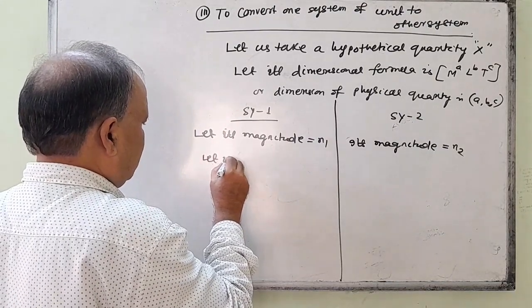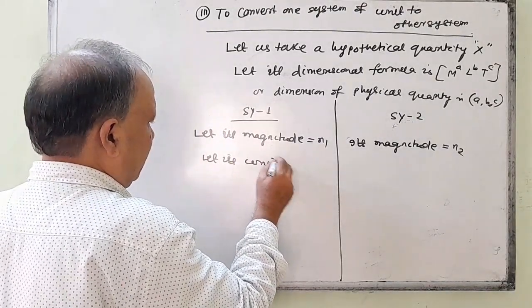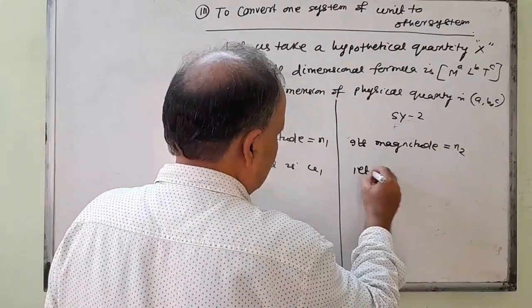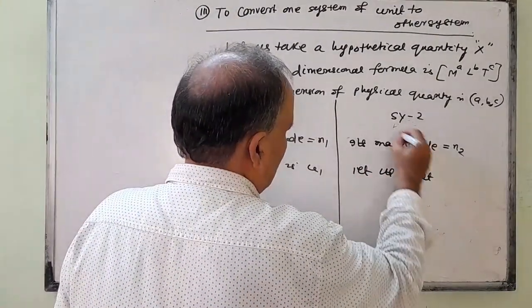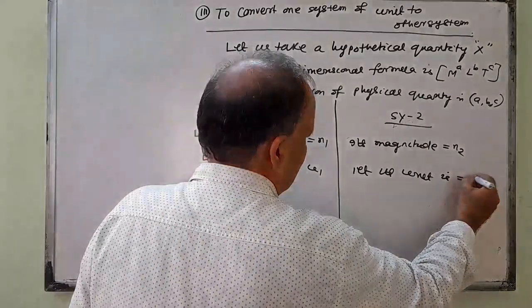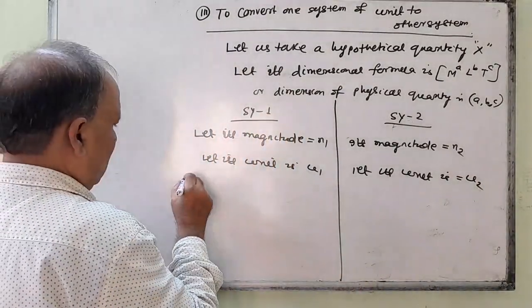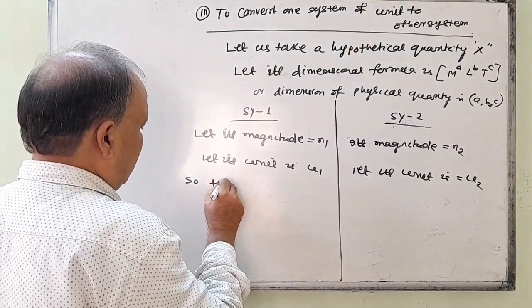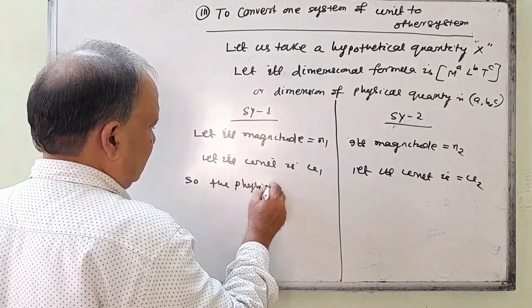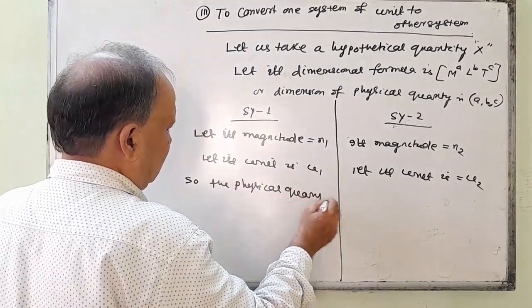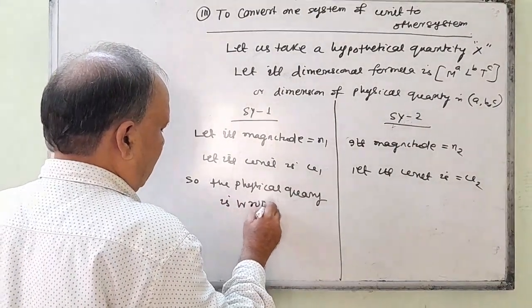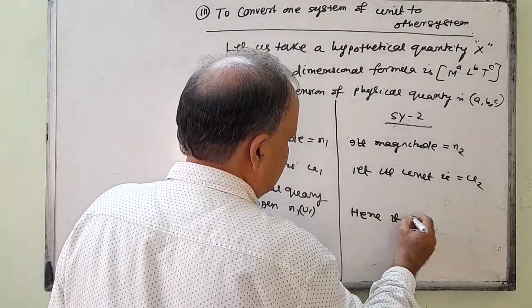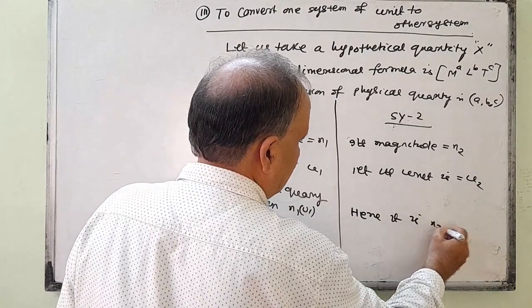Let its unit in system 1 be u1 and let its unit in system 2 be u2. So, in system 1, the physical quantity is written as n1 u1 and here it is n2 u2.